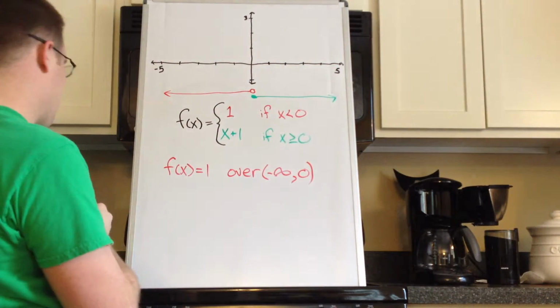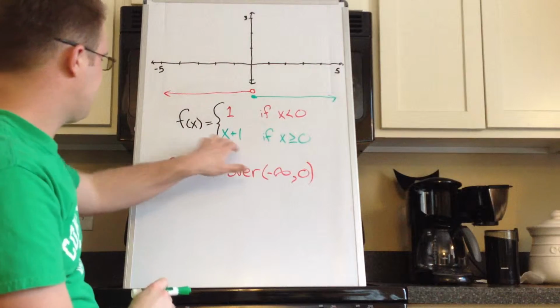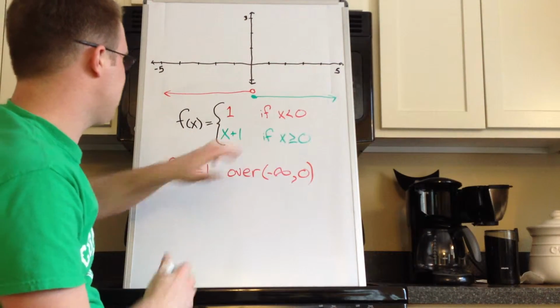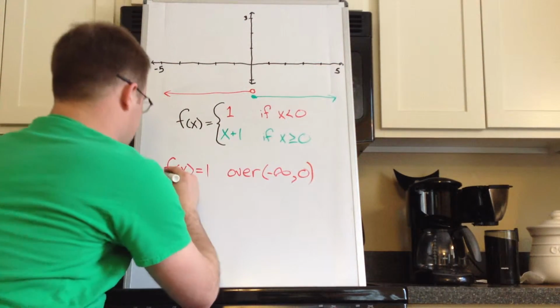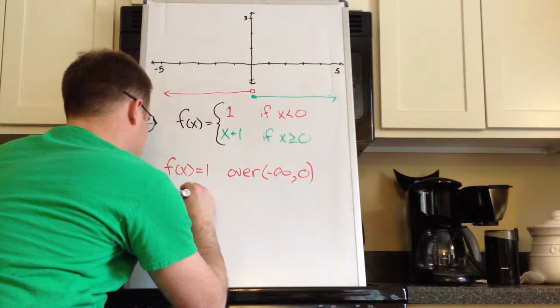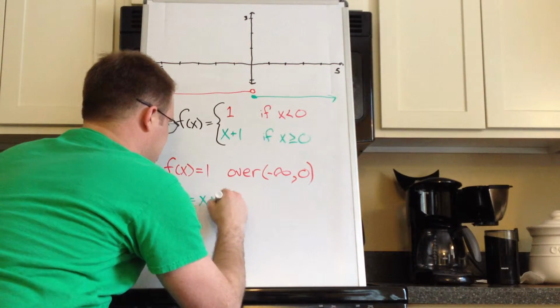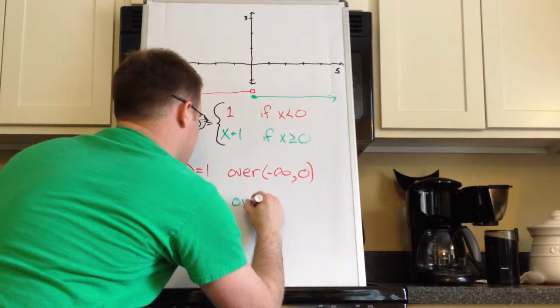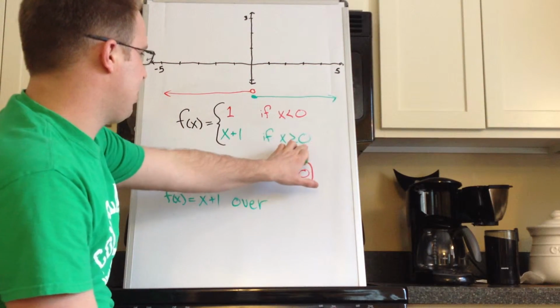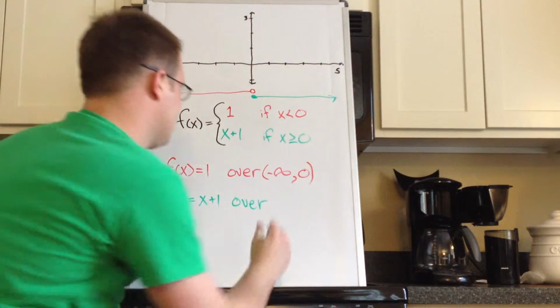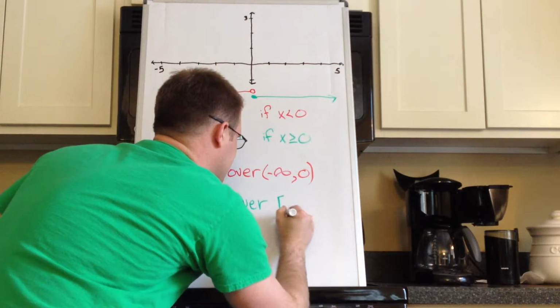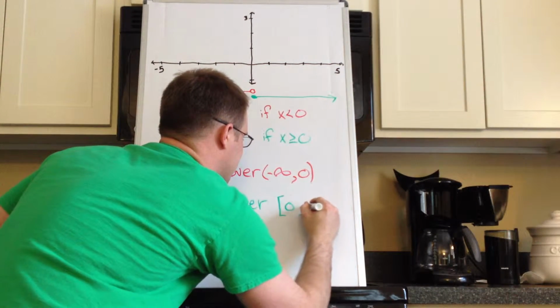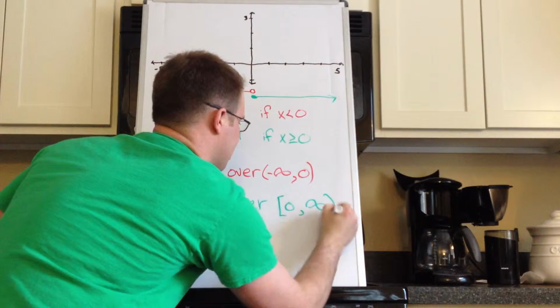And then we're going to graph this equation, f of x equals x plus 1, over the interval starting at 0 and going up to infinity. So starting and including 0, so square bracket, 0 to infinity.